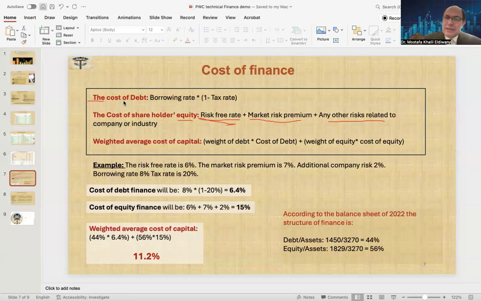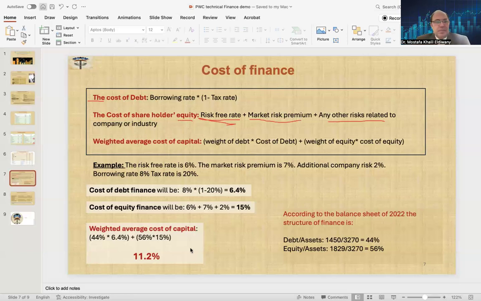But when you expect that the coming years might have a lot of financial and economic difficulties, it is better to increase the percentage of finance from equity. All right, as shareholders will not demand fixed payments like the bank, they will be safer. Although shareholders' equity is always more expensive than debt finance, because the shareholders are taking more risk than the bank.